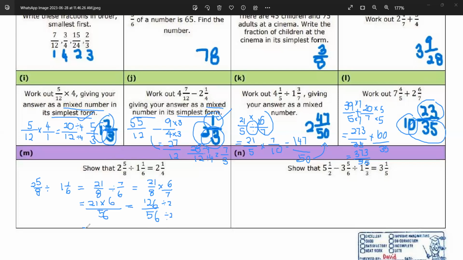Then we will get 63 out of 28, but it still can be simplified. So we divide it by 7, and equals 9 out of 4. So this is the improper fraction. When we change to mixed fraction, it will become 2 and 1 out of 4. So 2 and 1 out of 4 will be the answer for question M.